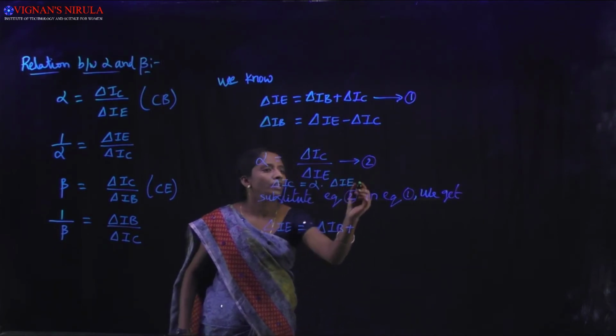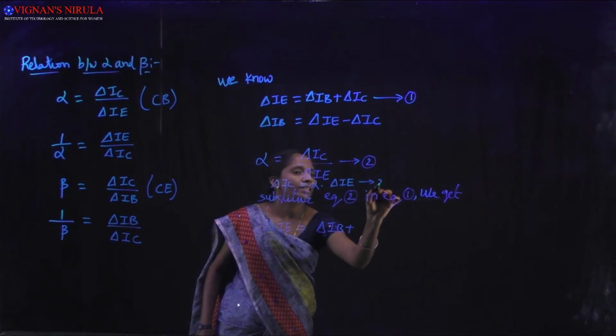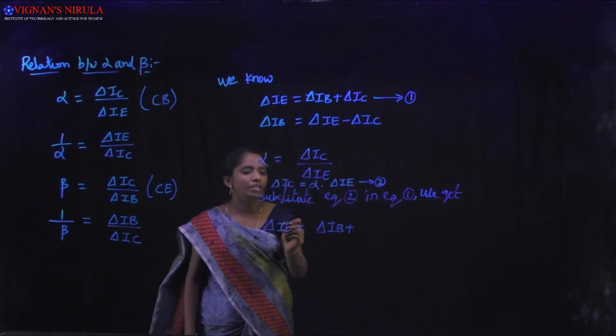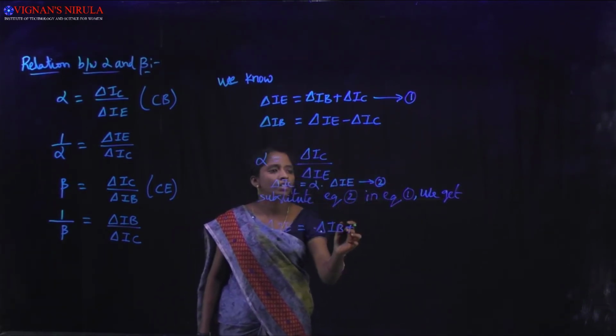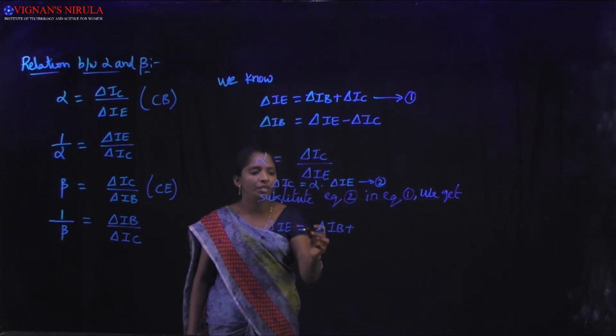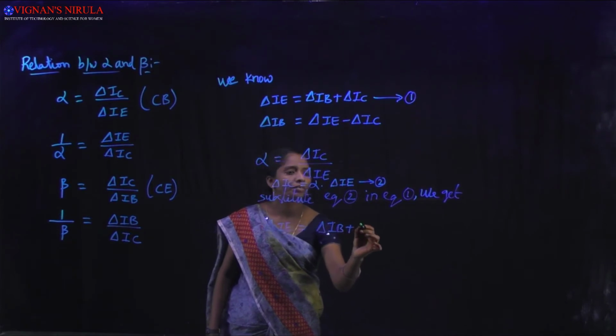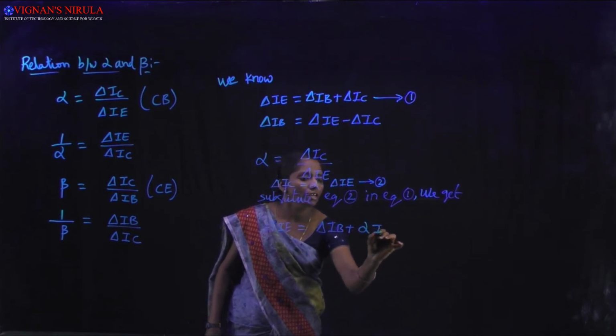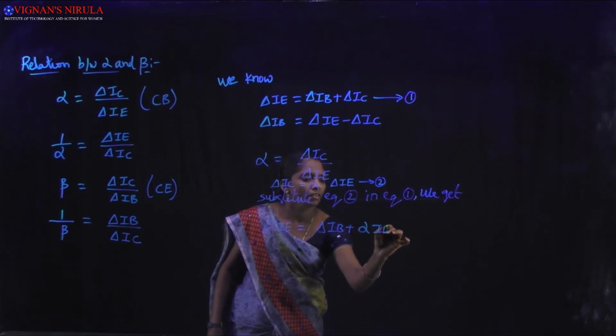Now substitute equation 2 in equation 1. You will get delta IE equal to delta IB plus alpha into delta IE.